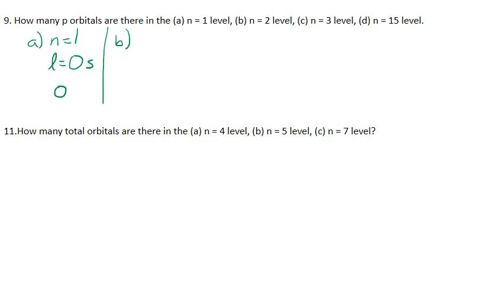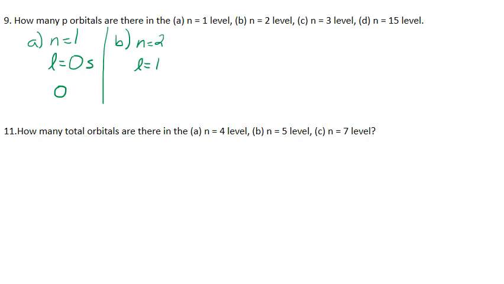B, n equals 2 level. Well, if n equals 2, I know if it's a p orbital, then L is always going to equal 1. It doesn't matter if it's the n equals 2 level, n equals 5 level, n equals 10 level. If I'm talking about p orbitals, my L quantum number for a p orbital will always be 1.